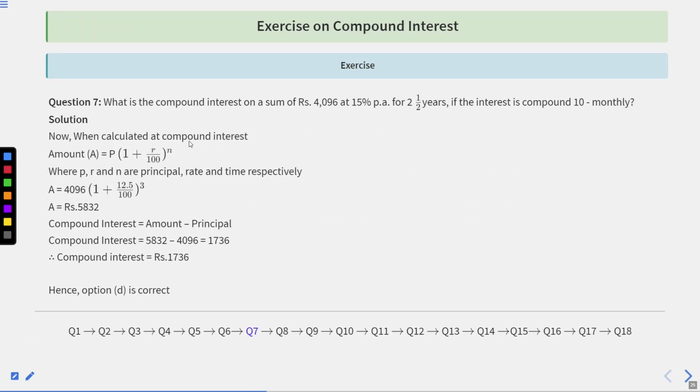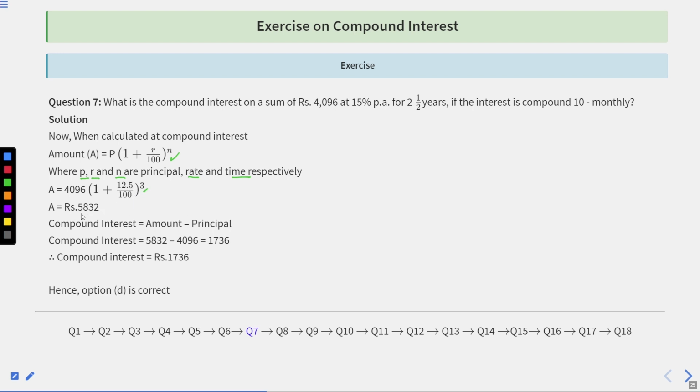So now, when calculated at compound interest, the amount is equal to principal into 1 plus R upon 100 whole to the power n, where P is principal, R is rate, and n is time, respectively. So A is equal to 4096 into 1 plus 12 upon 5 upon 100 whole cube.